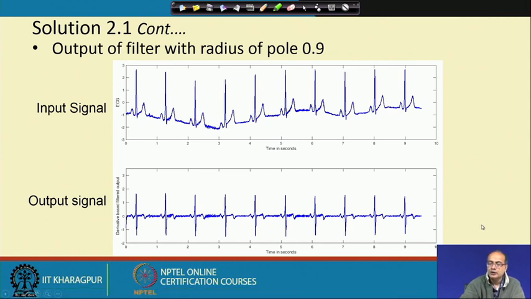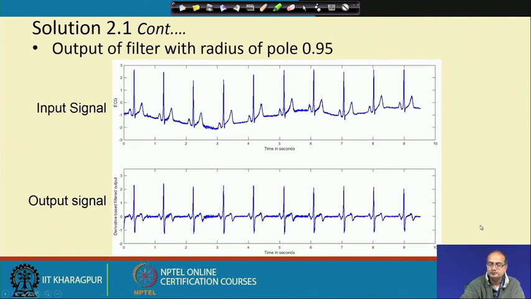Now, we move the pole location further towards the unit circle, and now it comes to 0.95, that is pretty close to the unit circle. Now, what do we get? We get that the T wave, though it has lost its shape, is present, and the magnitude of the T wave output has increased. The P wave also still looks like an oscillation rather than a smooth hump.